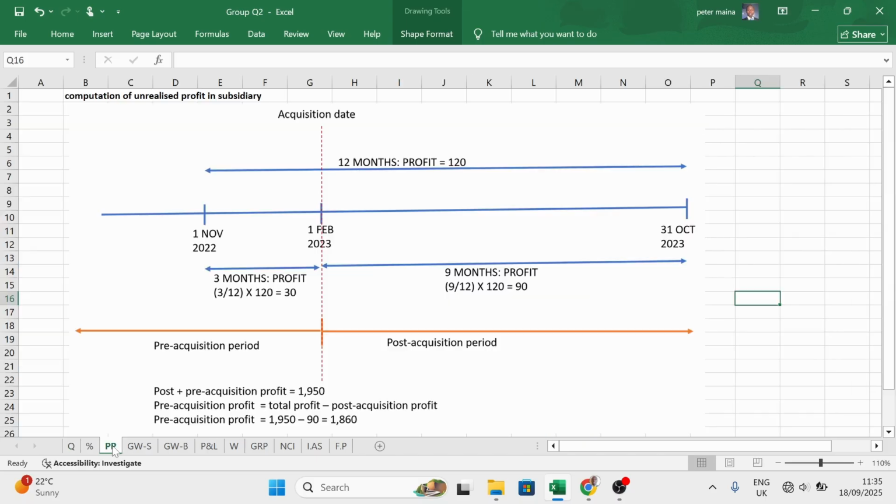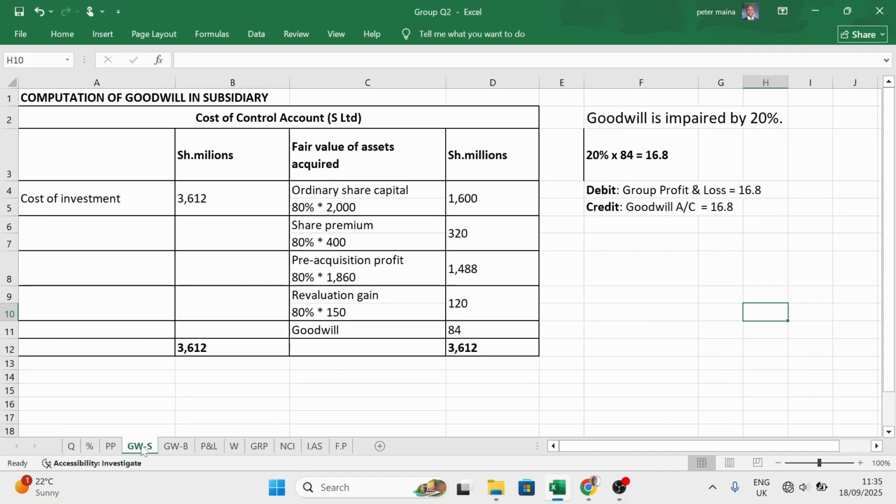But according to our workings, we have been able to identify pre-acquisition profit as 1860. This is the one we are supposed to use in the cost of control account. So 1860, we multiply by 80%, which is the share of the parent. It gives us 1488. So those are the three items that were shown under the equity section.